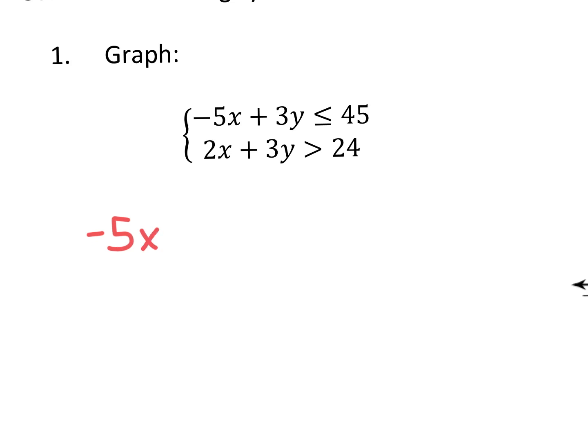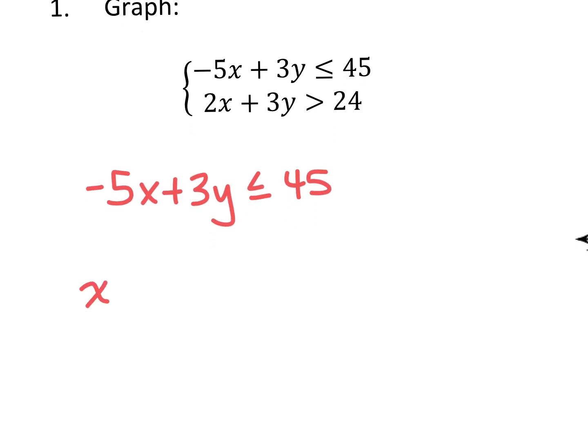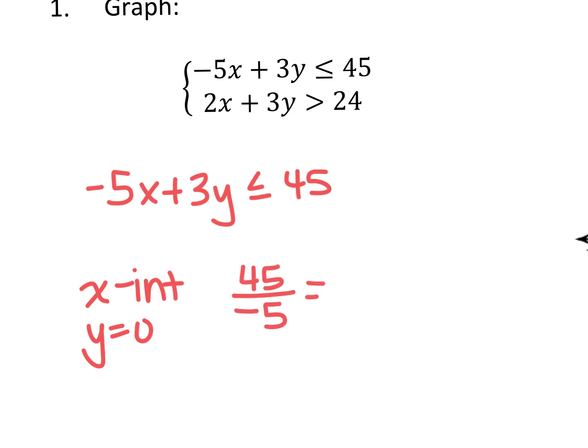Negative 5x plus 3y less than or equal to 45. So I'll graph this by finding the x-intercept. The x-intercept is where y equals 0. That's going to be 45 divided by negative 5. That's going to be at negative 9, 0.